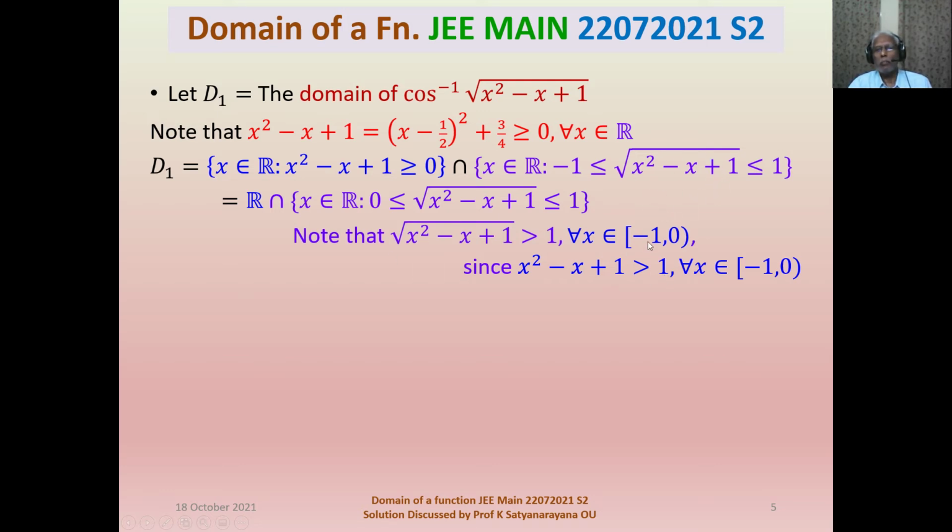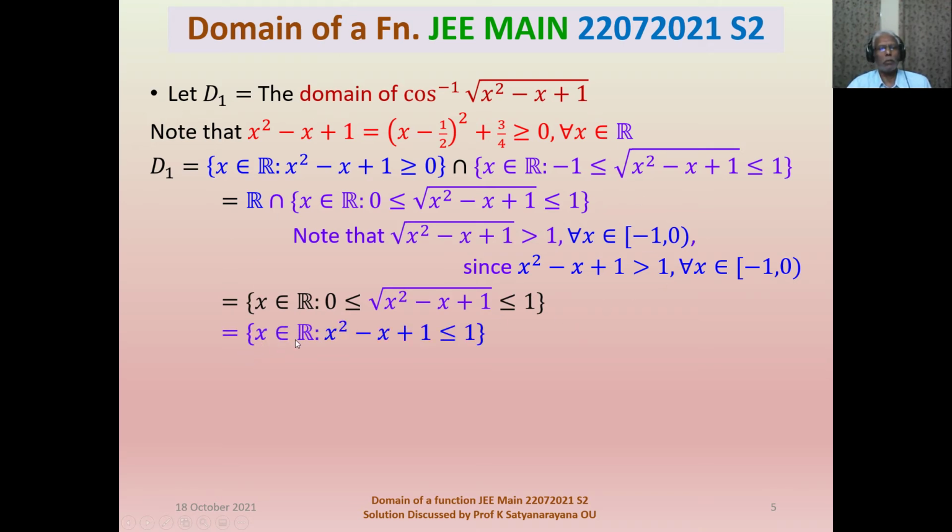Therefore that part is removed, and this is x belongs to R such that 0 is less than or equal to under the square root of x square minus x plus 1, less than or equal to 1. That's the reason. And R intersection any set is that set, equal to the set x belongs to R, 0 less than or equal to under the square root of x square minus x plus 1, less than or equal to 1. Now this is the set of all x belongs to R.